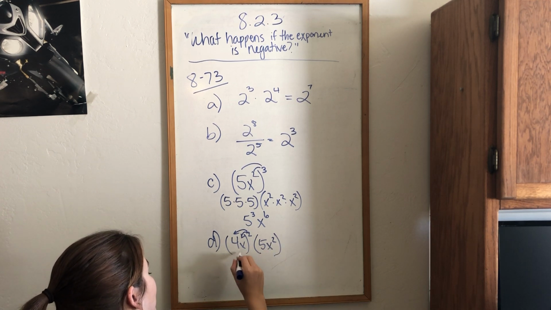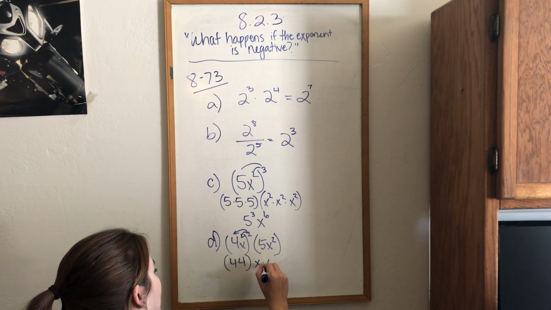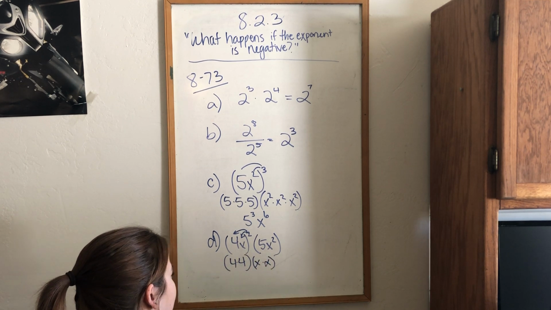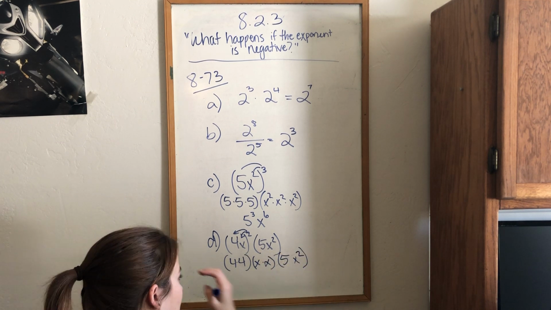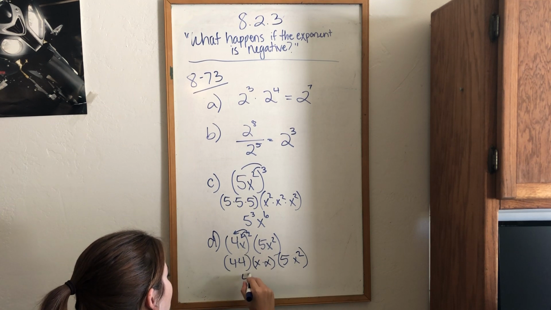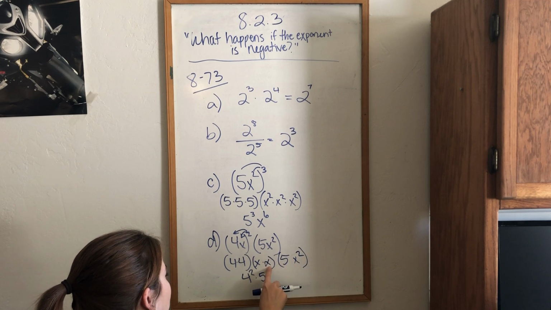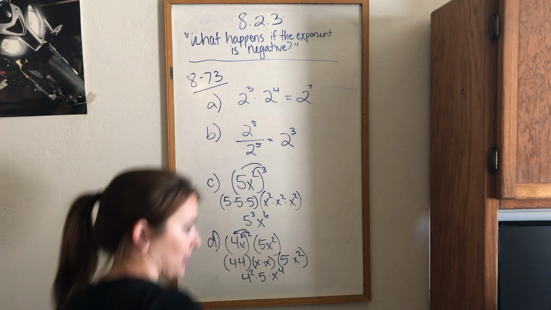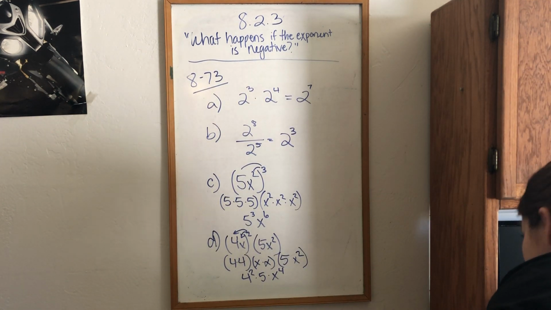So let's see, 4 times 4 times x, and then times 5x squared. So now I can do, let's see, 4 squared times 5 times x squared, x to the third, x to the fourth. Double check that one. I think it's correct.